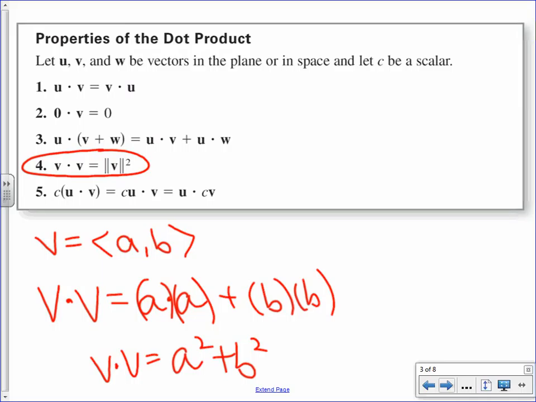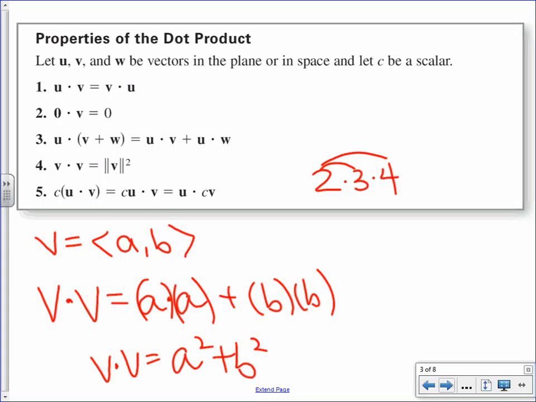I don't think we're going to use that a whole lot in here, but it's an interesting thing to think about. All right, this is important. c is a scalar multiplied to a dot product. If we think about regular multiplication, 2 times 3 times 4, we don't take 2 times 3 and 2 times 4, do we?